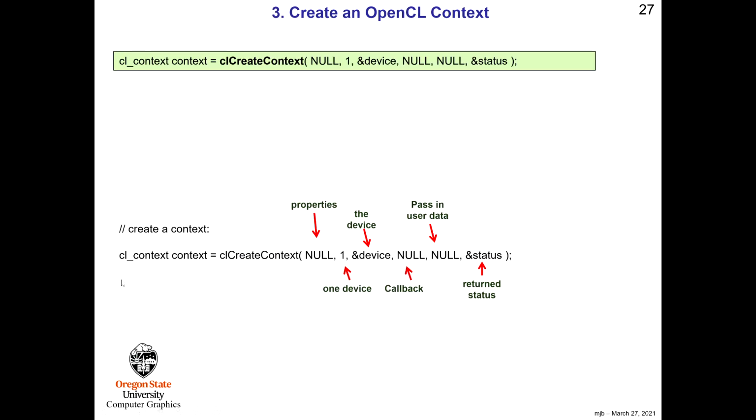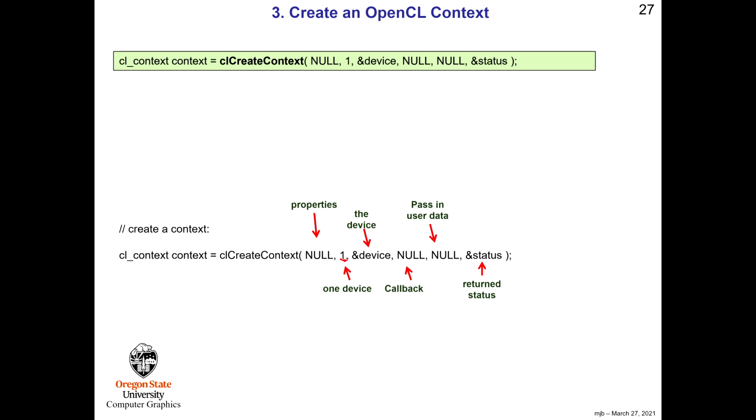Creating a context. A context is sort of the set of variables that allow you access. It's not anything you can do anything with, but you need it because other calls are going to ask for it. And so, yeah, let's do that. We have one device.